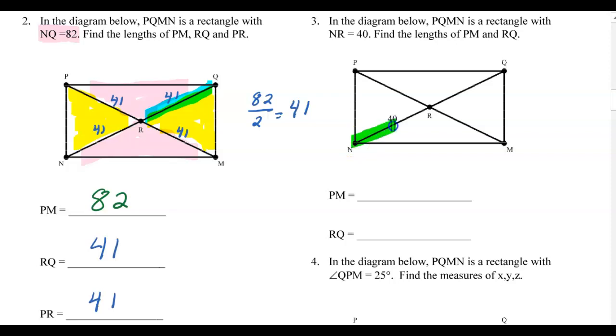If this segment is 40, just like in the previous problem, all the portions of the diagonal are 40. So then PM would be 40 plus 40, which is 80. It's not degrees, it's just 80. And then RQ is also 40.